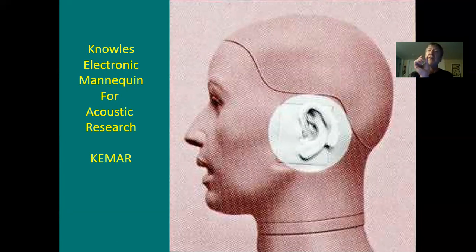It has couplers in the ears that are between 1 to 1.5 cubic centimeters, meant to more closely imitate what's going on in the actual ear. So manufacturers often use KEMAR to get a closer idea as to how the hearing aid will function on an actual human being, aside from ANSI.